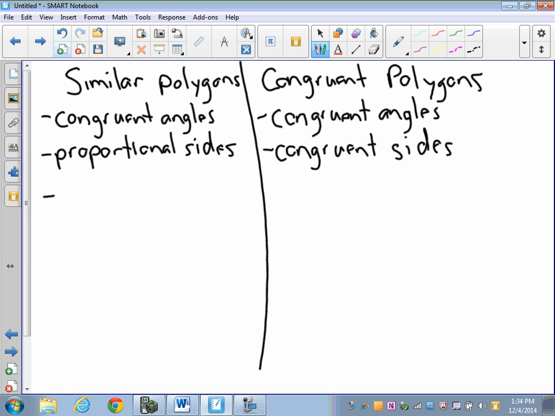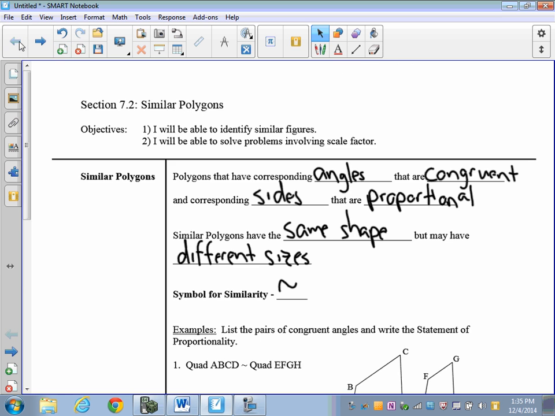And the symbol for similarity is the tilde, and the symbol for congruent, of course, is the equal sign with the tilde on top. So that's a quick rundown of the things that we should see that are in common or pretty similar between the two, similar and congruent.